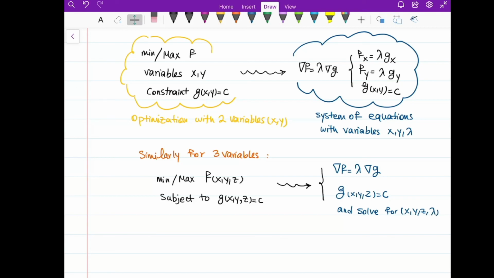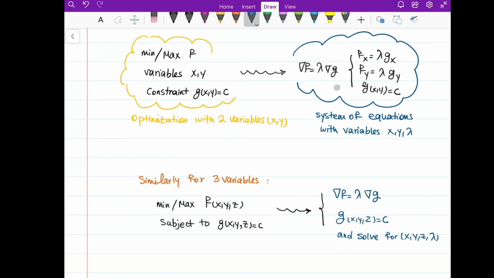So we have the Lagrange multiplier method for three variables as well. In the next video we're going to look at one example to see how we can apply that.